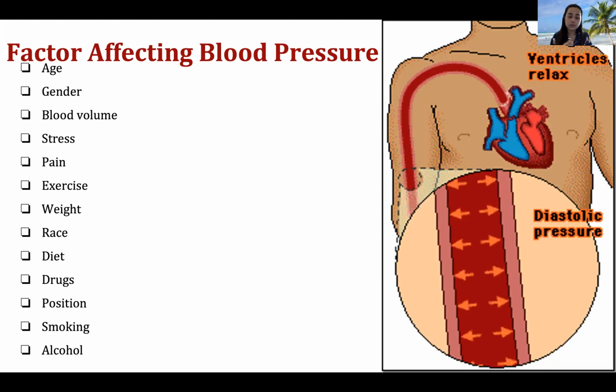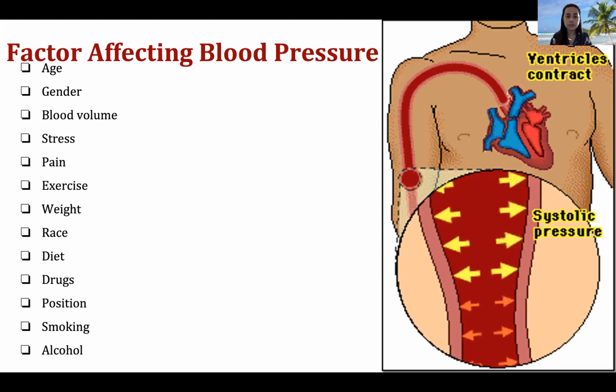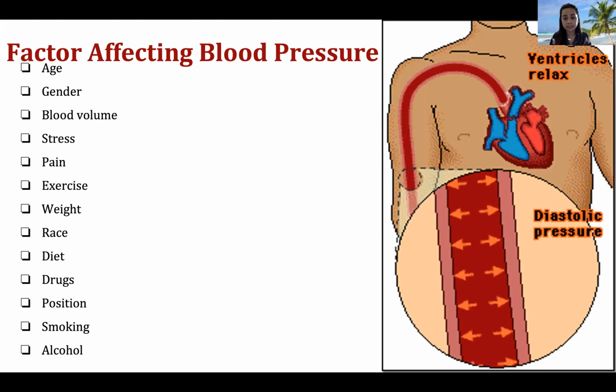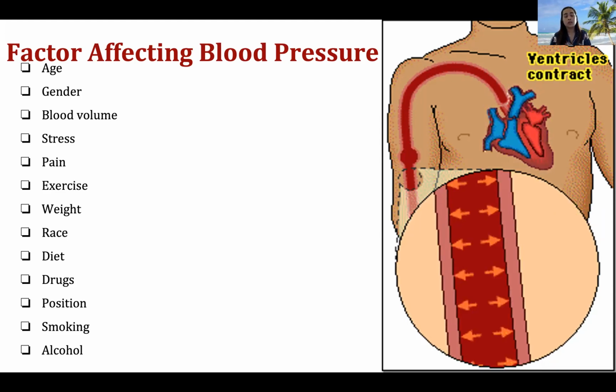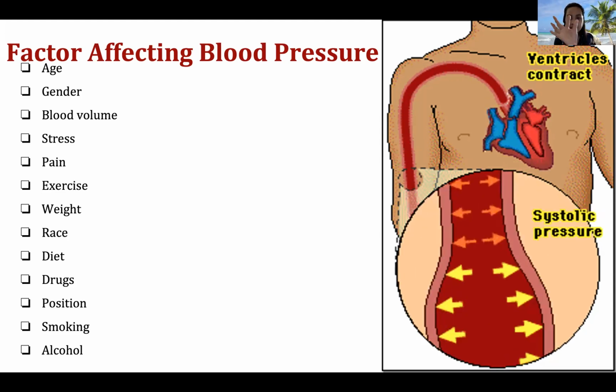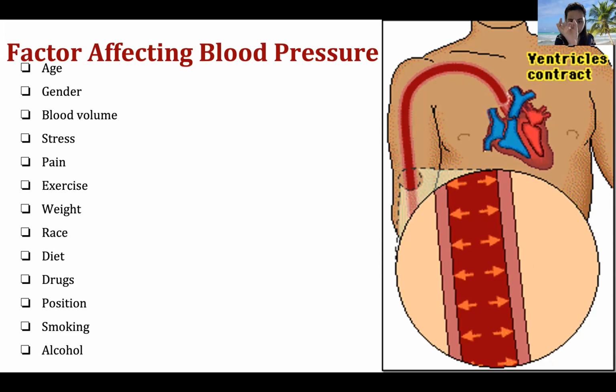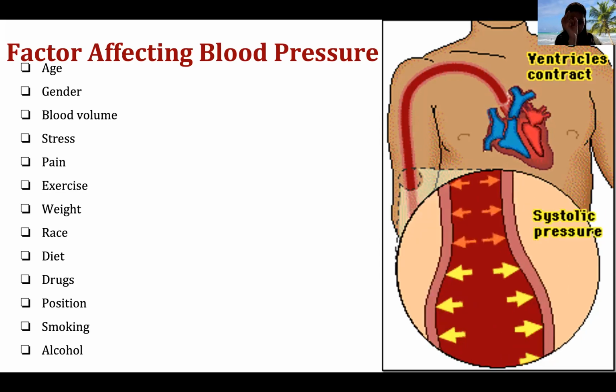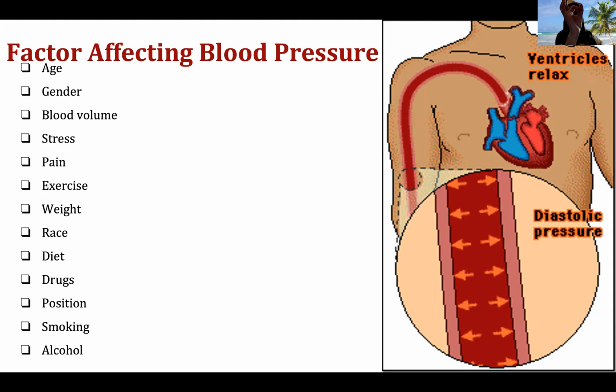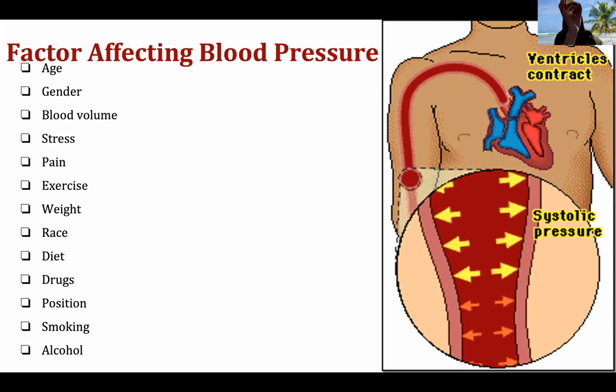Smoking. If you're smoking, most of the time your blood pressure will be increased because of the nicotine contained in the cigarette. Nicotine is a potent vasoconstrictor. What do I mean by that? Nicotine will cause your blood vessel to constrict. This is your blood vessel, and this is where your blood will enter.